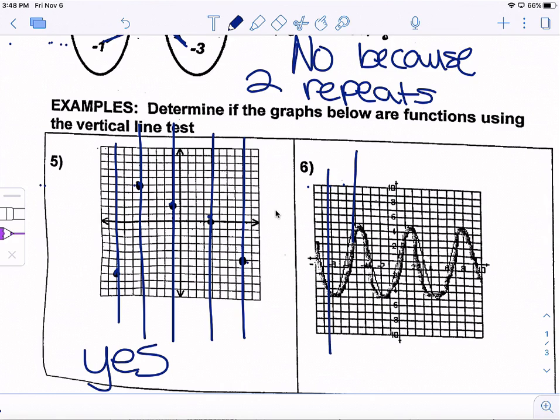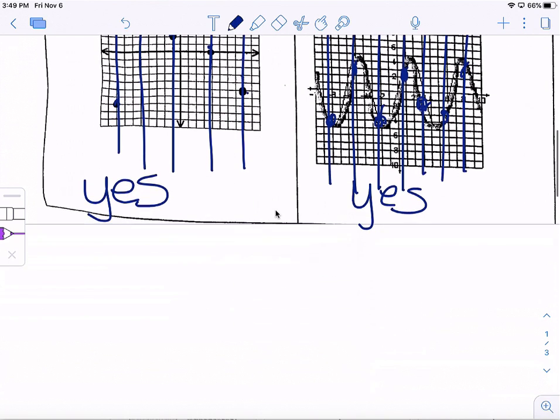Right here on my graph, if I do vertical lines across there, it's like moving across the graph, every time I draw a vertical line, the graph's only hitting the vertical line at one place. So this would also be a function. Let me draw a picture of something that's not a function.